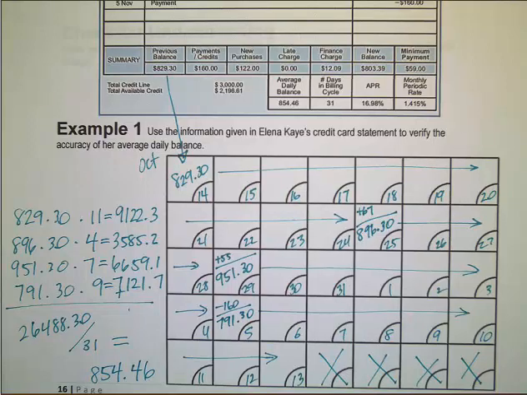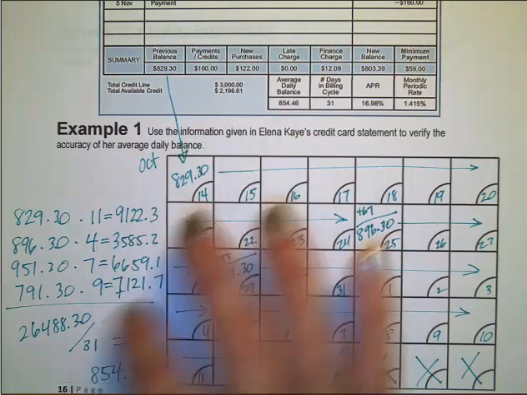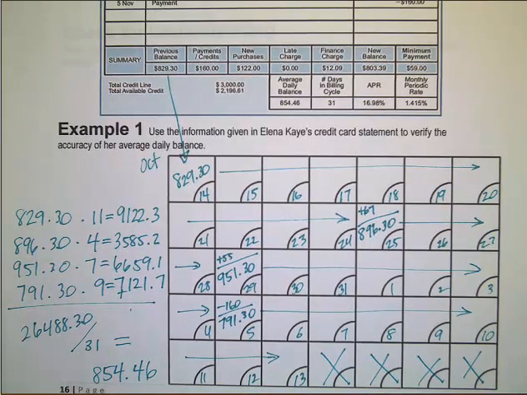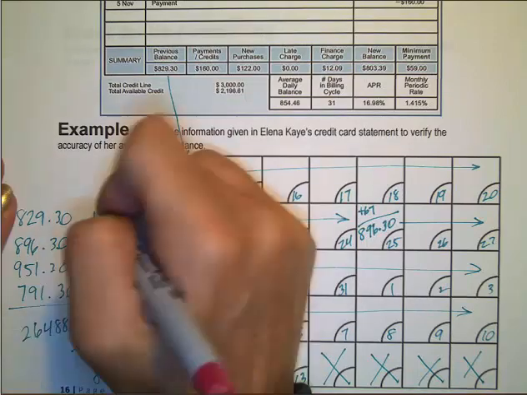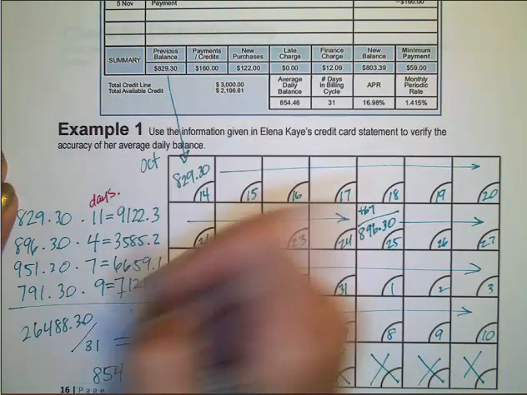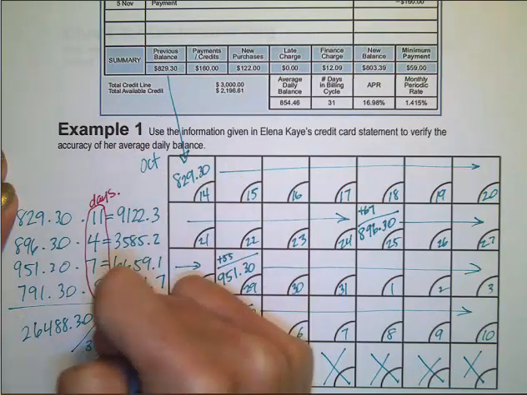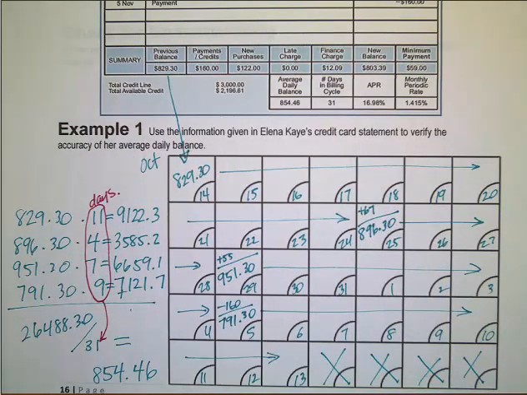So I did all the multiplying, added it up, and got $26,488.30 divided by my 31 days. Remember, these are your days. So I added all of these up and got 31. All right. Color coding. I love my color coding.